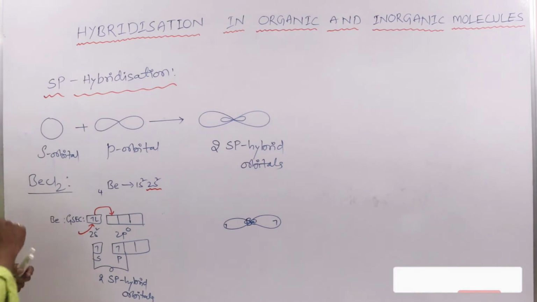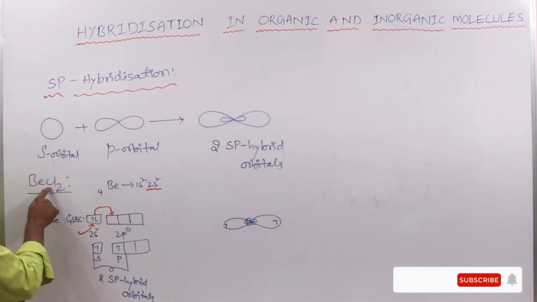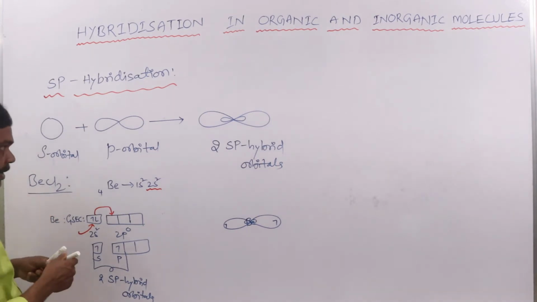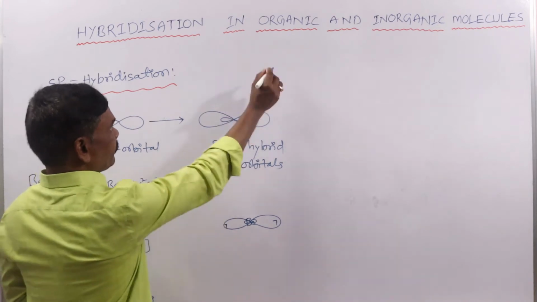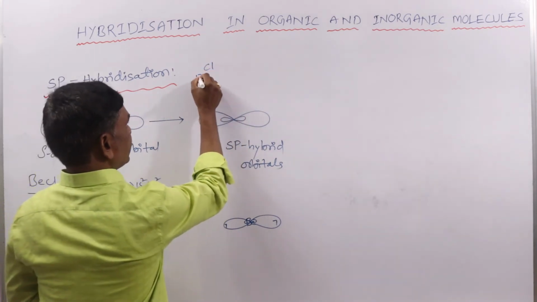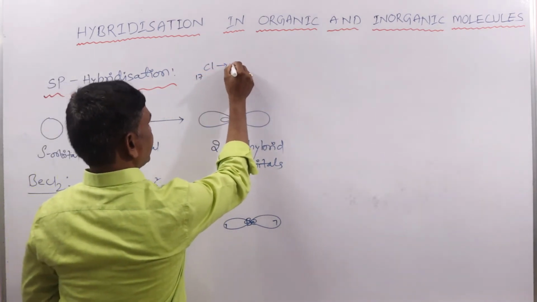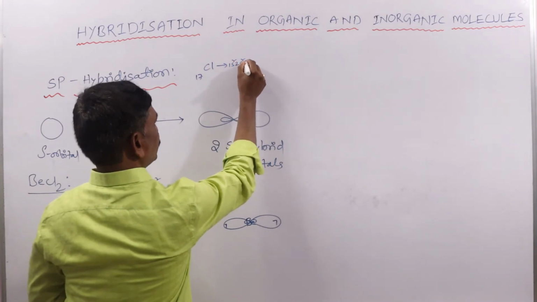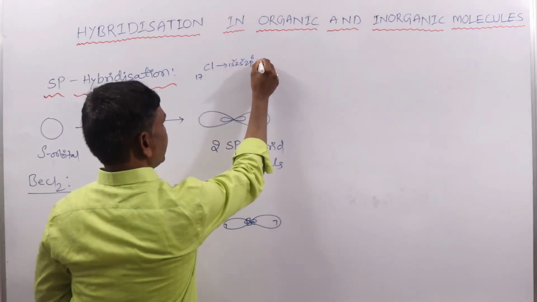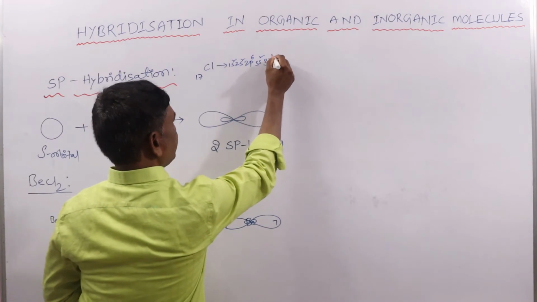Next, the second element is chlorine. Chlorine has atomic number 17 and electronic configuration 1s2, 2s2, 2p6, 3s2, 3p5.